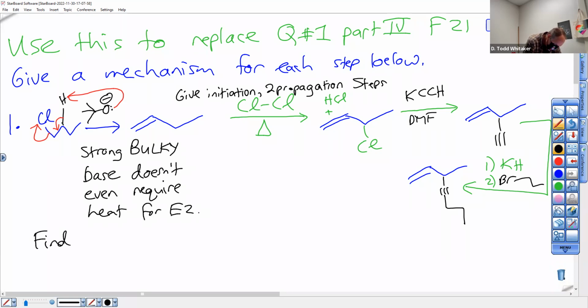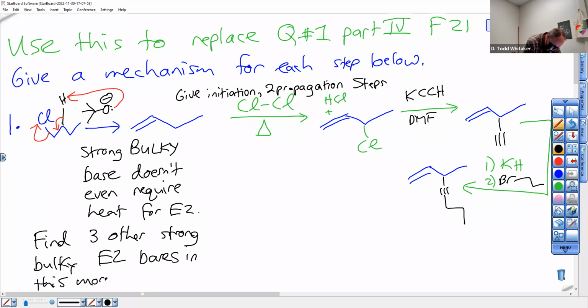Find 3 other strong, bulky E2 bases in this morning's notes. Okay? And you'll see if you watch those videos and say, oh, when you see this base, it means E2, regardless of heat. So you want to watch that.